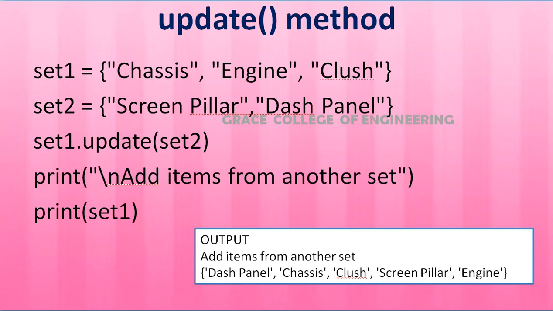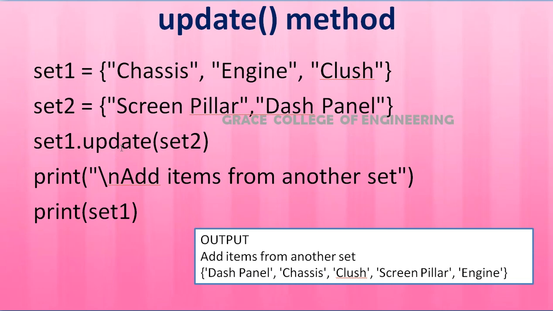Next, the update method. Here we need to create two new sets. The first set is chassis, engine, clutch, and set 2 is screen pillar, dash panel. Next, set1 dot update of set2.